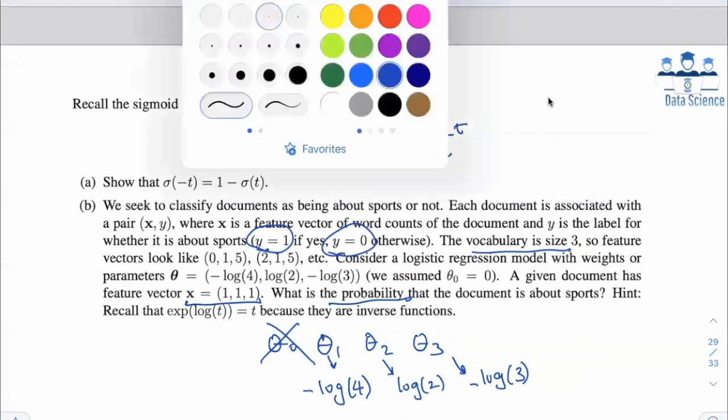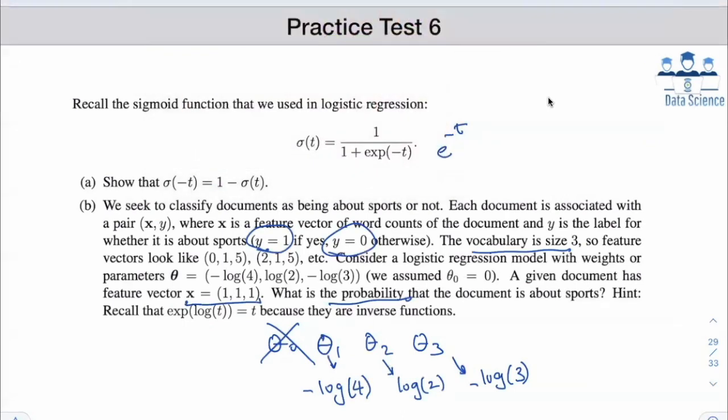It means that if we have the exponential of the logarithm of any number, let's call that number t, we get back that number because exponential and logarithm cancel each other. Having said all this, we want to find the probability that y equals 1 given the new feature set 1, 1, and 1.